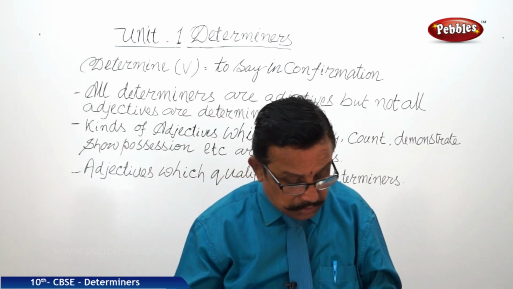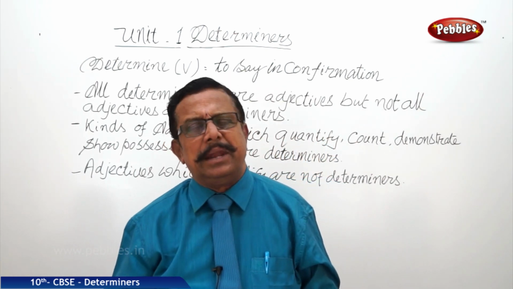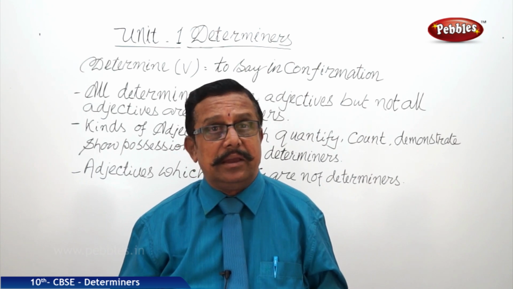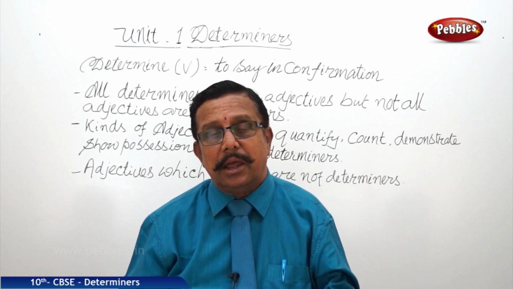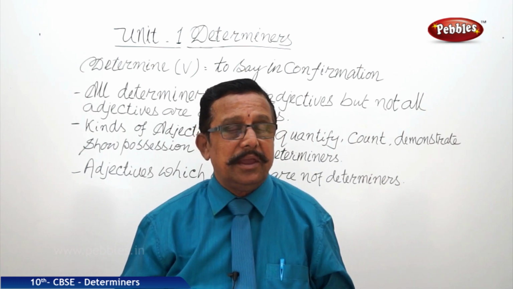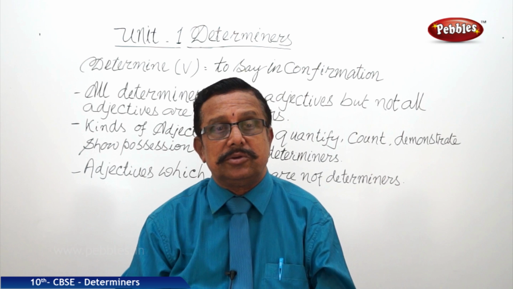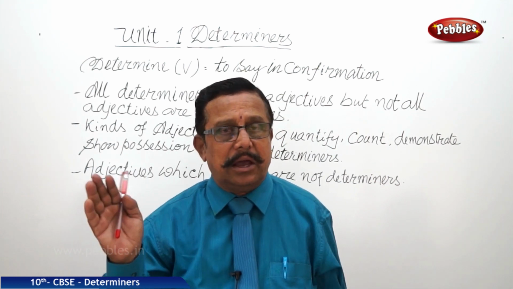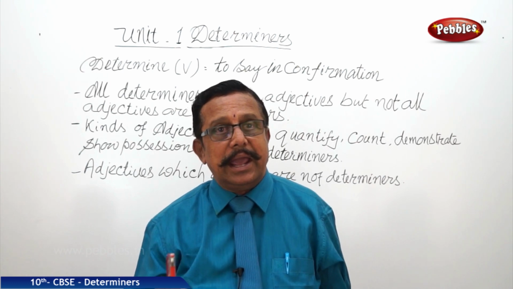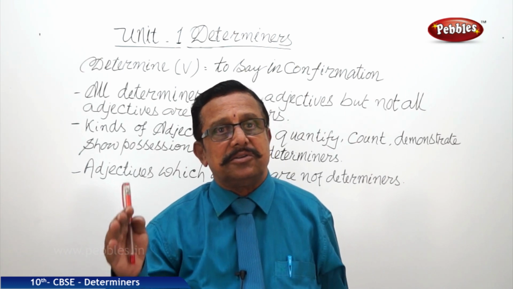And now when it comes to quantifiers, there are many. In quantifying, we are putting certain countable nouns and uncountable nouns. When it comes to countable nouns, where we can count, counting with numerals is easier. 1, 2, 3. And again first, second, third standard.